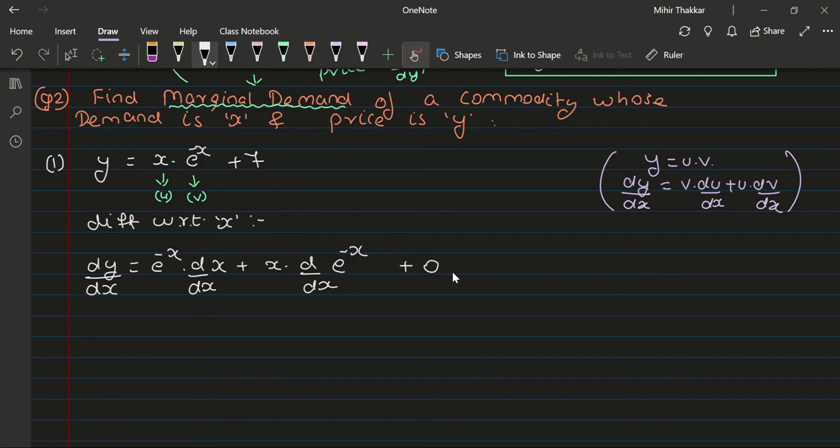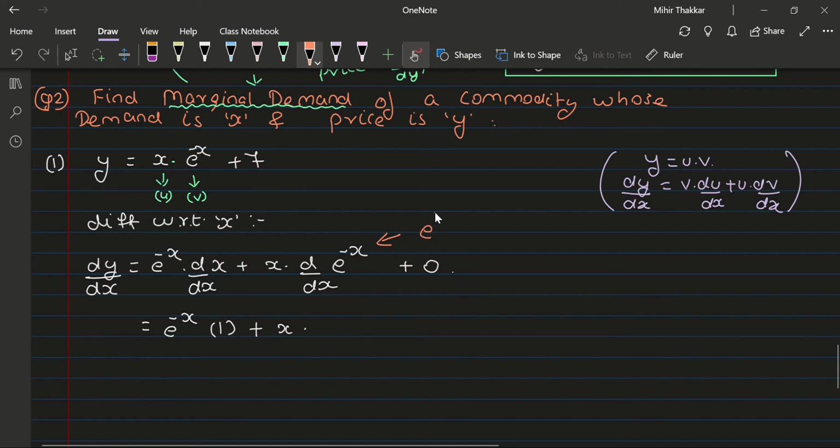The derivative of 7 is 0, so I get plus 0. So we get the value e raised to minus x as it is because it is outside the derivative sign. Derivative of x is 1, plus this x is as it is because it is outside the derivative sign.